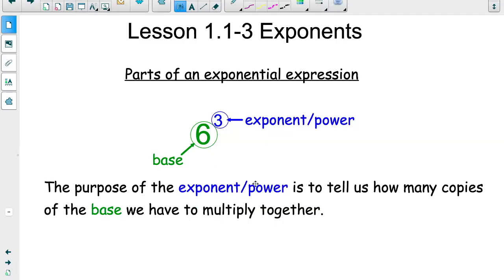And the purpose of the exponent or the power is to tell us how many copies of the base we'll have to multiply together. So in this case, I see I got the base of 6. The exponent or power is 3. That means give me 3 copies of 6 and then multiply them all together. Okay?